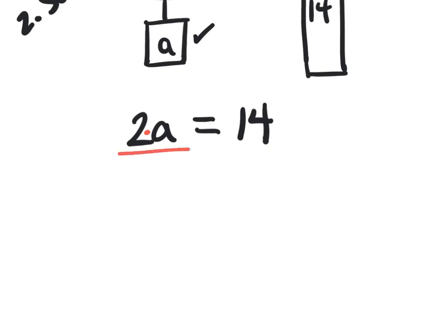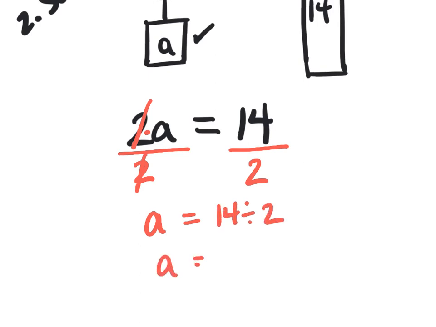So I'm going to use the inverse operation, which is division, and I'm going to divide this side of my equation by 2 because I want that A all by itself. If I divide that side of the equation by 2, I also have to divide this side of the equation by 2. 2 divided by 2 leaves me with just A is equal to 14 divided by 2. So A is equal to 7.